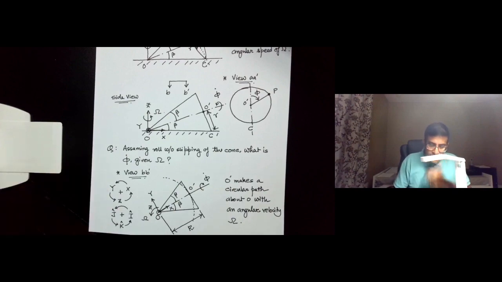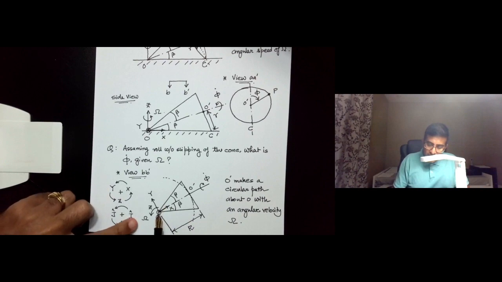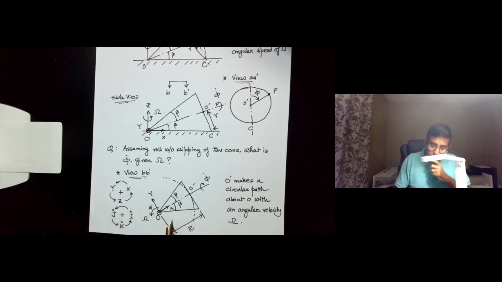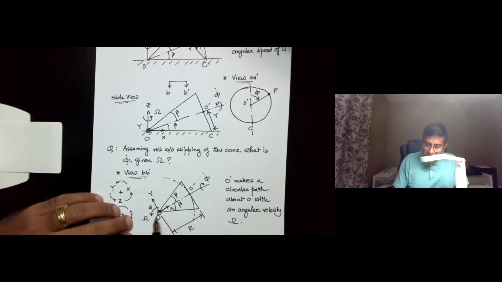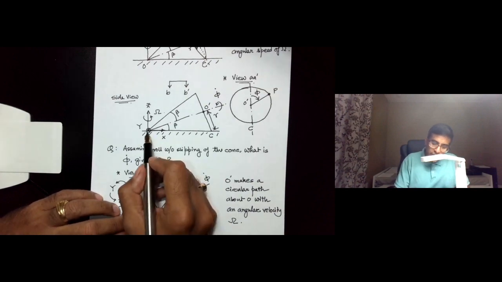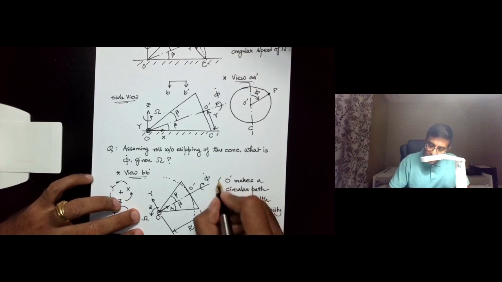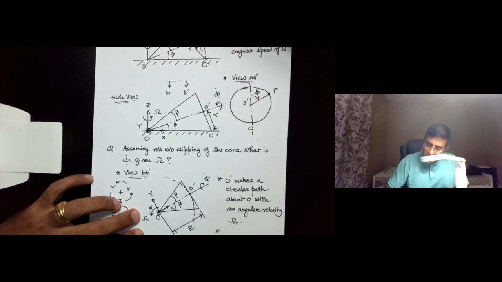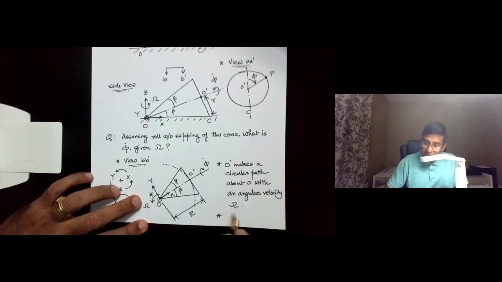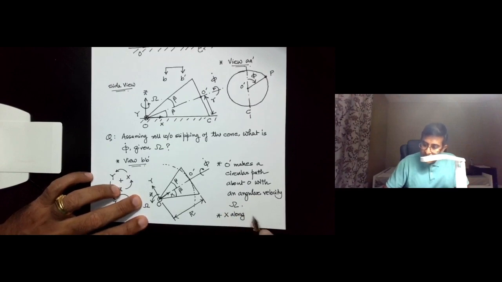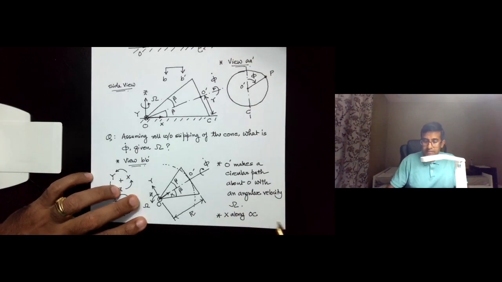And now note that our coordinate frame xyz is a moving coordinate frame according to the way it is defined, because we have defined x to be always along the line OC. So let's clarify that: x along OC.